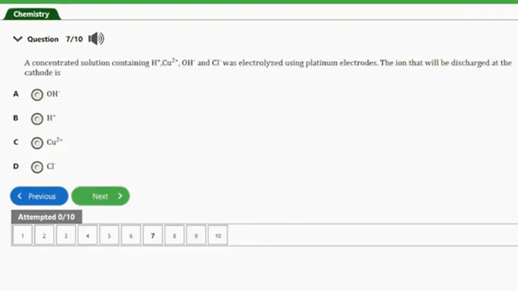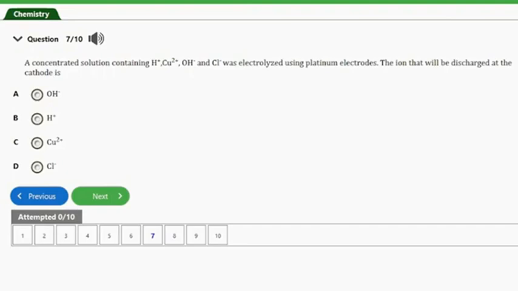Question number 7, it says, a concentrated solution containing hydrogen ion, copper ion, hydroxide ion, and chloride ion was electrolyzed using platinum electrodes. The ion that will be discharged at the cathode is A, hydroxyl ion, B, hydrogen ion, C, copper ion, and D, chloride ion.